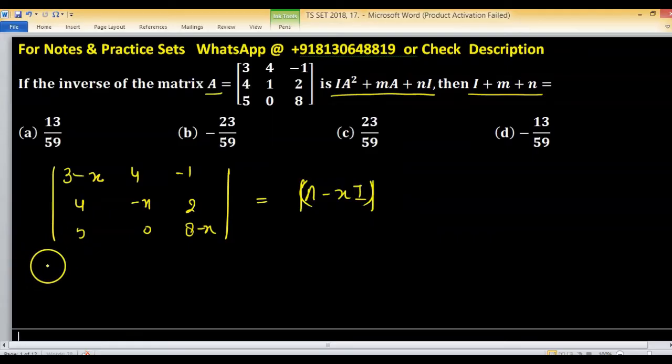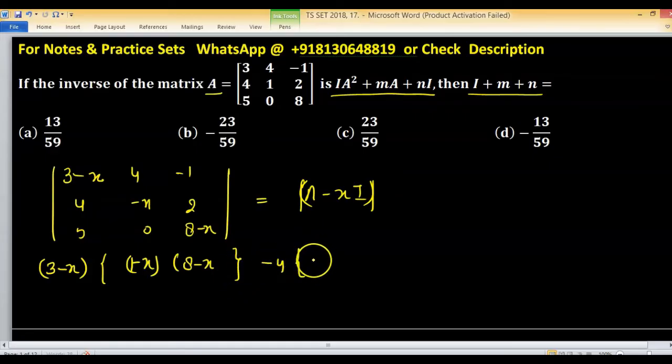After expansion, we have (3 minus x) times [(3 minus x)... (1 minus x)(8 minus x)] bracket close, minus 4 times (32 minus 4x), minus 10, minus 1, 0 minus 5, plus 5x.